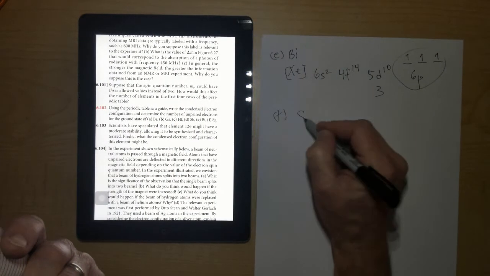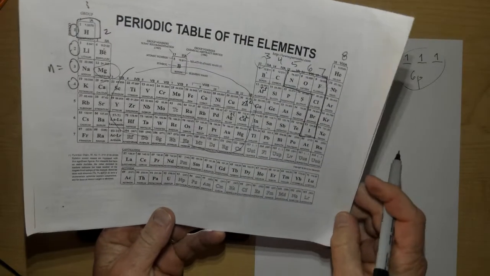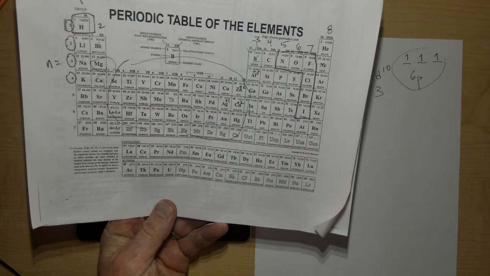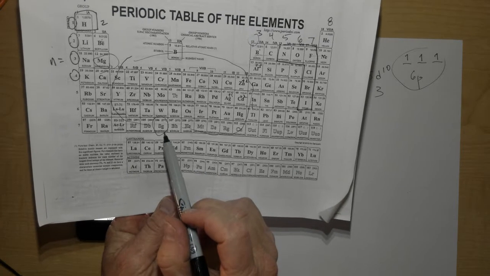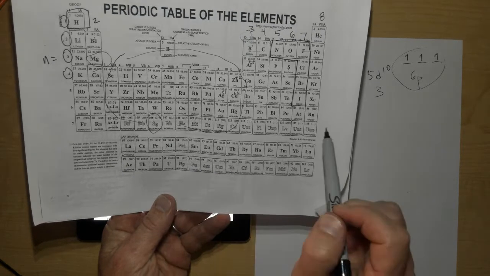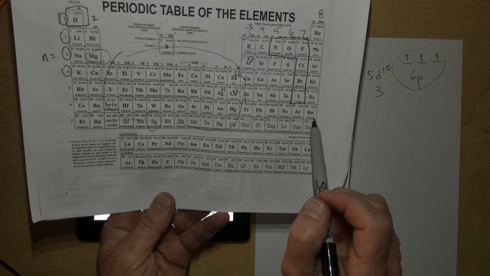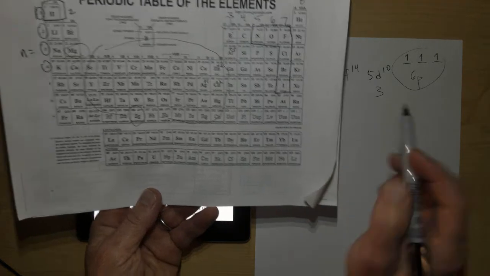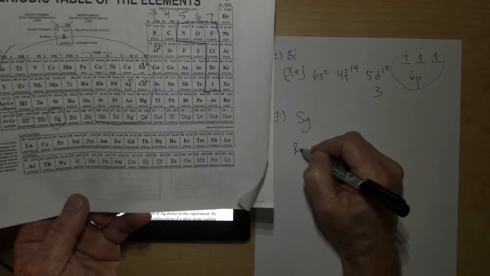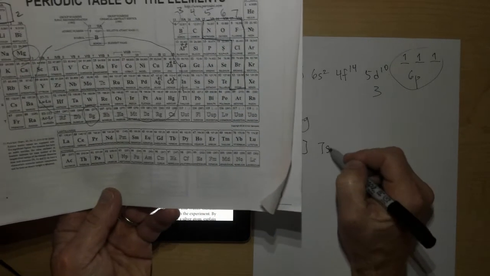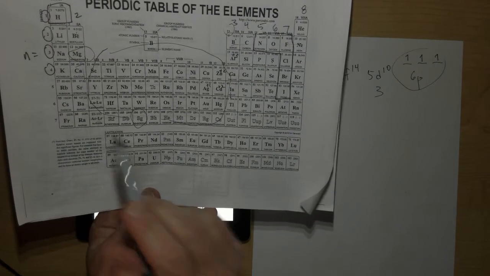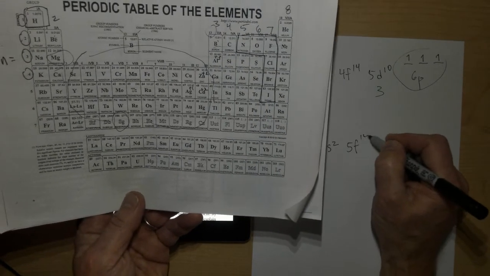And then lastly, letter F, Sg. Well, this one's way down towards the bottom right here. Seaborgium, named after Glenn Seaborg. And then we have, let's see, radon as the nearest preceding noble gas. So Rn. And then we'd go down here and we'd have 7s2. And then we'd have the 5f14.